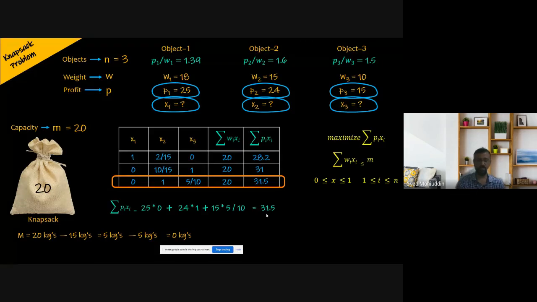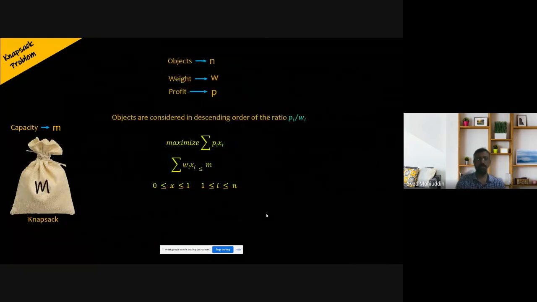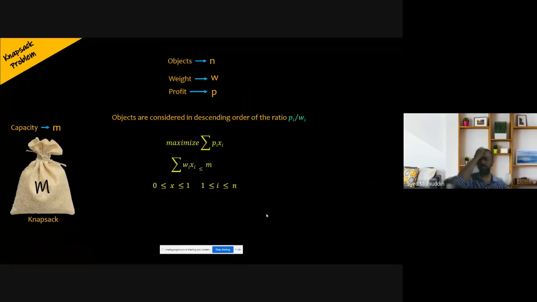So this was the knapsack problem. Now let us briefly say that there are n objects in the knapsack. Each object has a weight and profit associated with it. And there is a knapsack, or a bag, whose capacity is m.